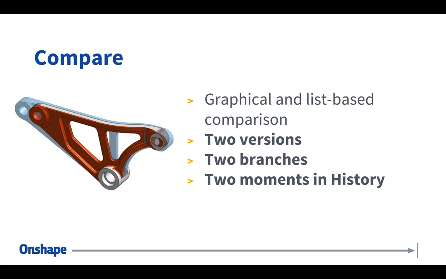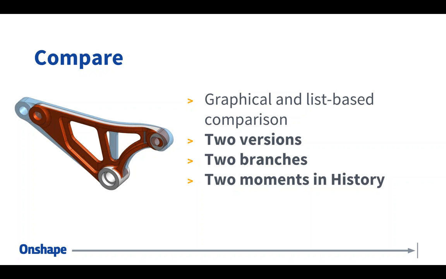Now, there are three things when we talk about compare. You can compare two versions, which we're going to cover here today. So just like I was showing you, I can compare revision C to revision A or revision B. I can compare two branches. So if I branch off my design and I build two variations of it, I can compare those two variations. And then the neat thing is you can also compare two moments in history.